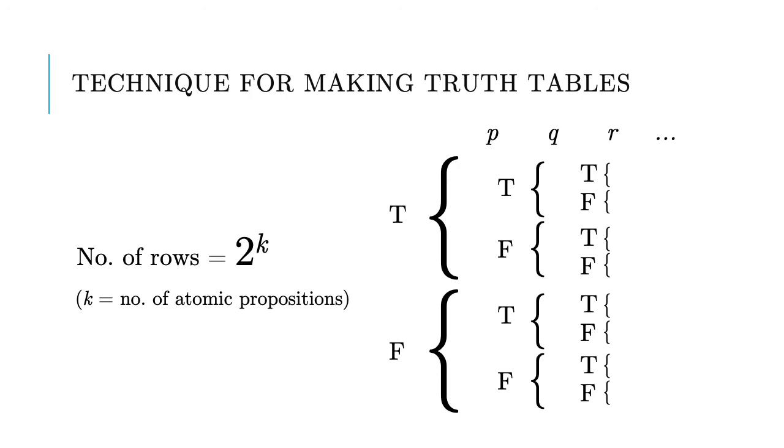But even if we had, imagine, 5 atomic propositions, yielding 32 logical combinations of the 5 propositions, then we know that we would need to take for our first letter 16 true values and 16 false values, and for our second letter we would need 8 true, 8 false, 8 true, 8 false, and so on, and continue to apply the same pattern.